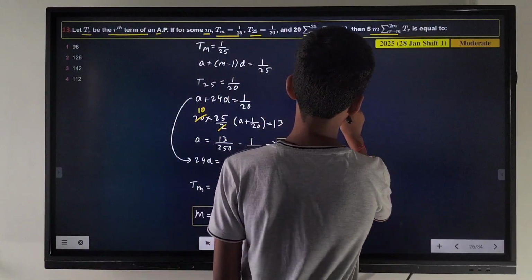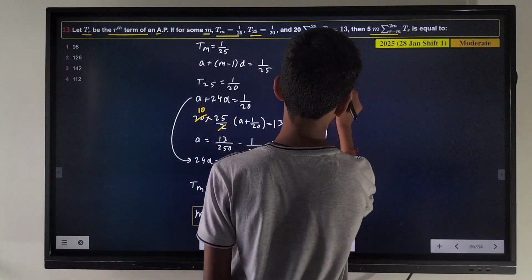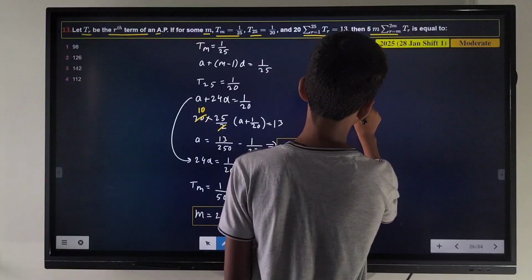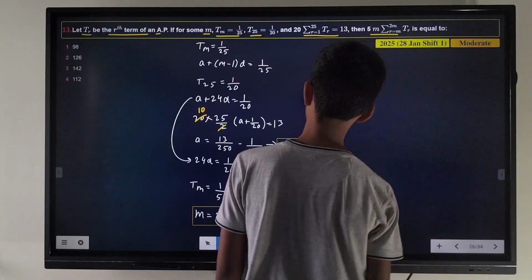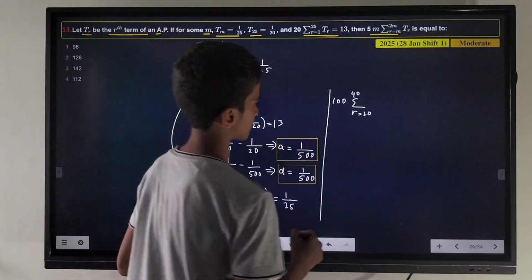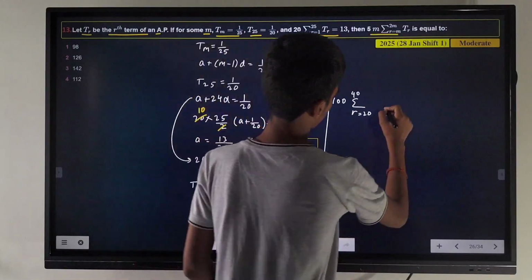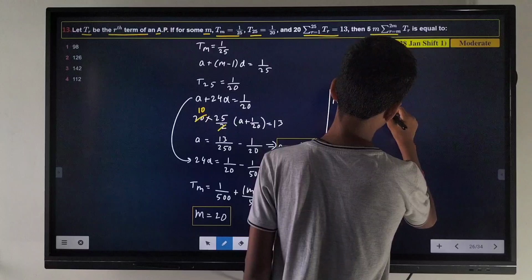Now our 5 times 20 will be 100. Sigma R from 20 to 40. We can write the term of R as R upon 500.